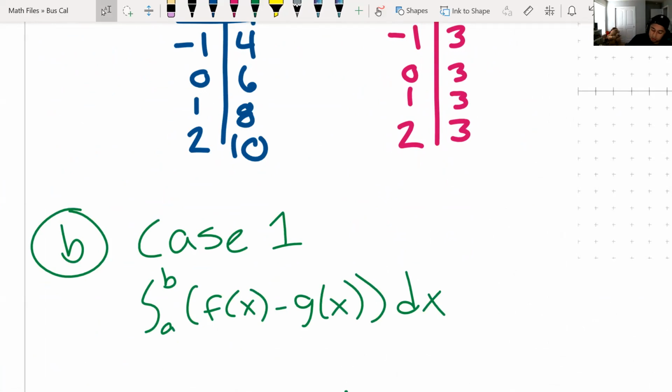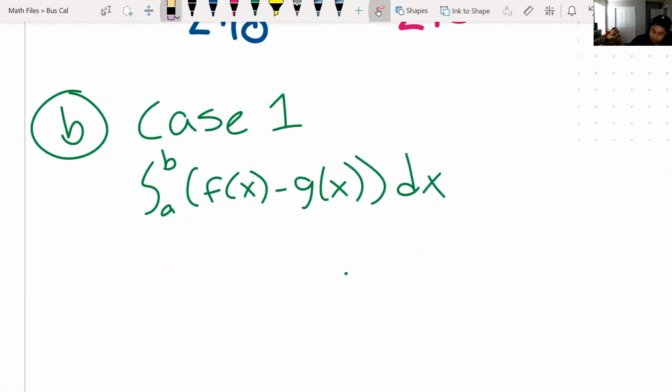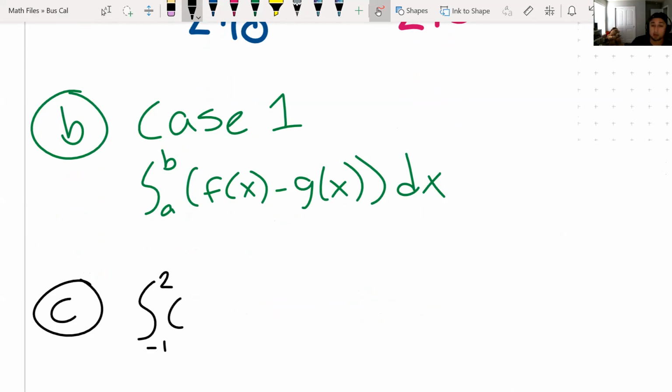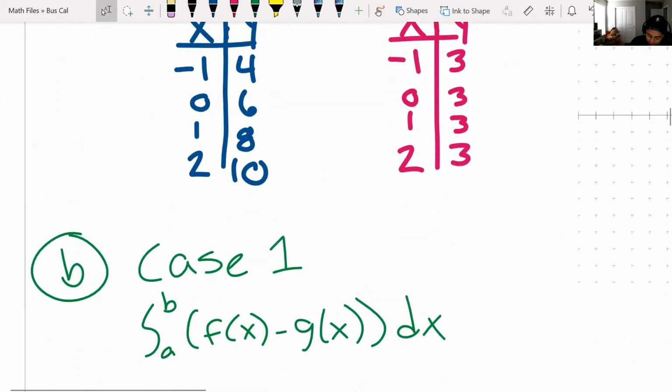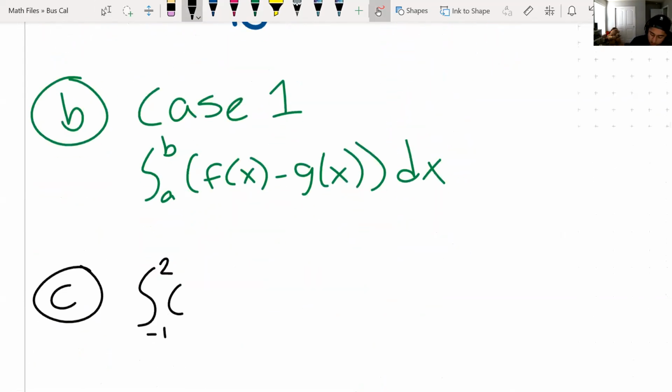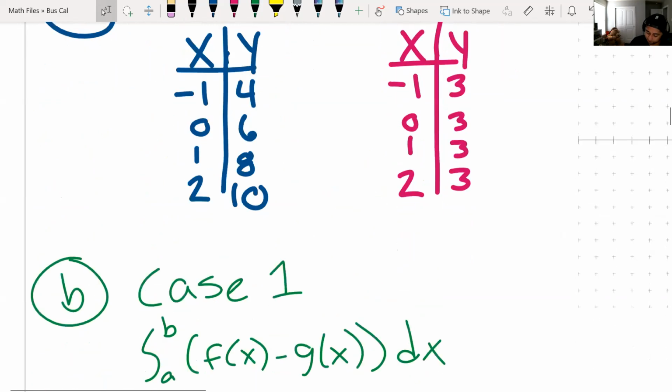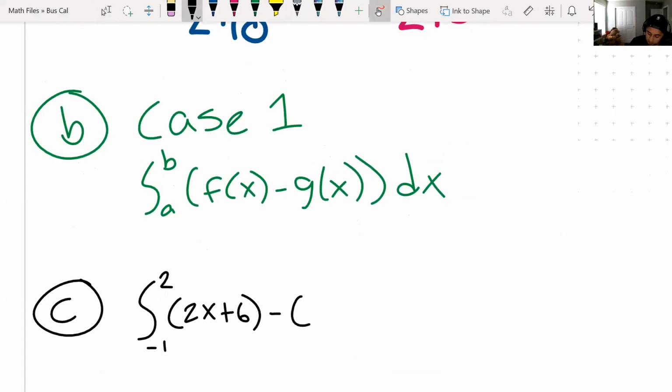Okay, which now brings us to step C. Let's do it. So C, we're going to have the integral from -1 to 2 of, and what do I have? F of x is 2x plus 6, minus g of x, which is 3, dx.